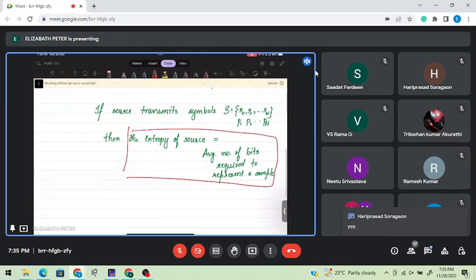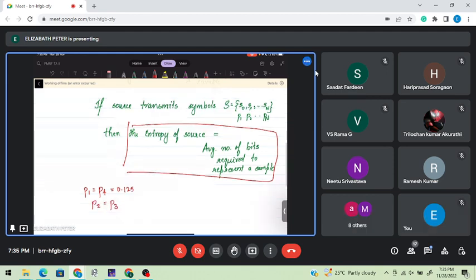Okay. So we are given the probabilities. We are given P1 equals P4 equals 0.125. And we are told that P2 equals P3. That means we get P2 equals P3 equals 0.375.